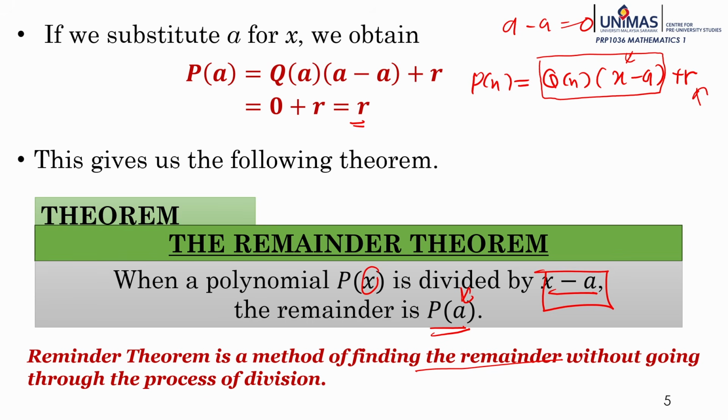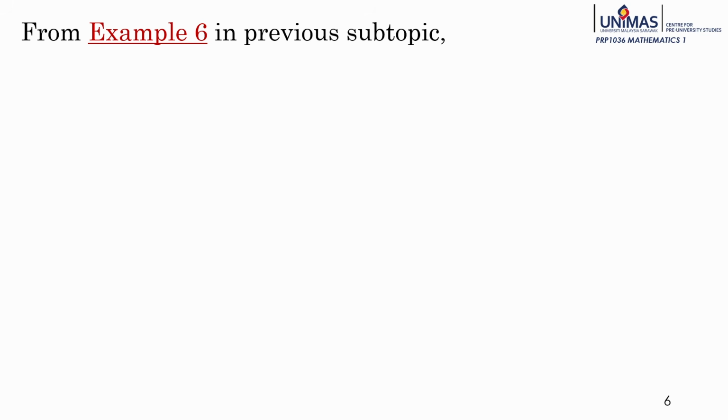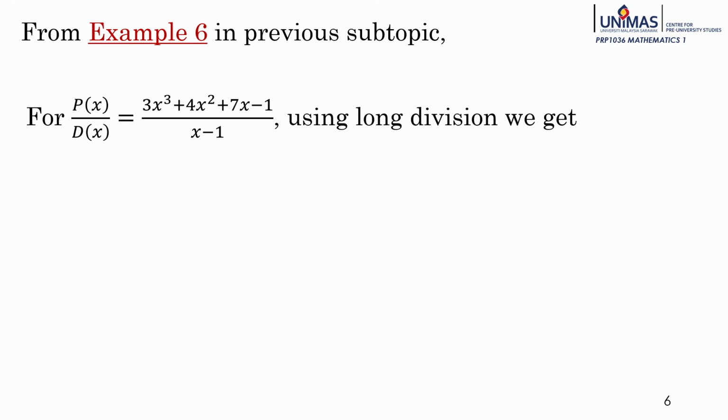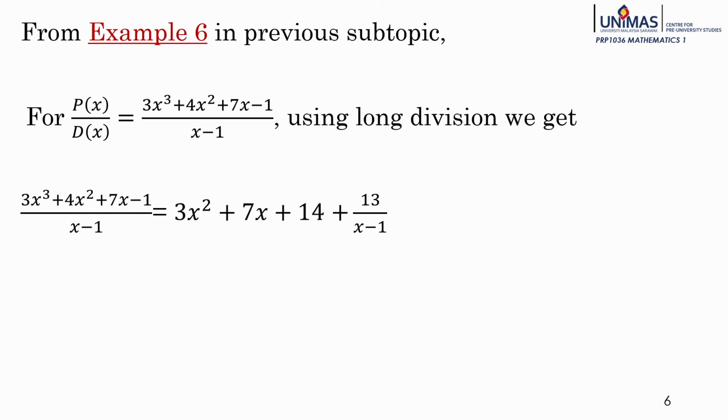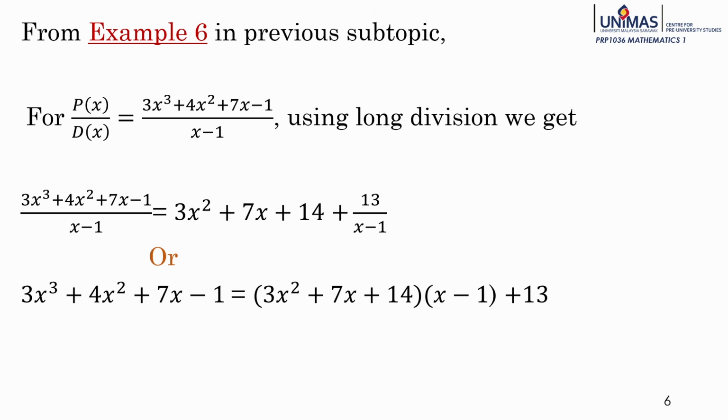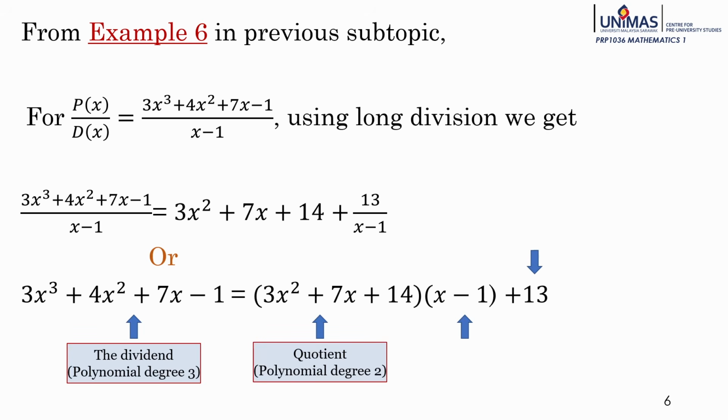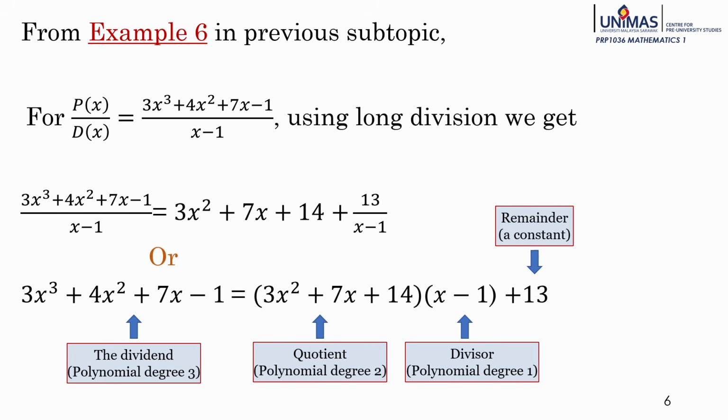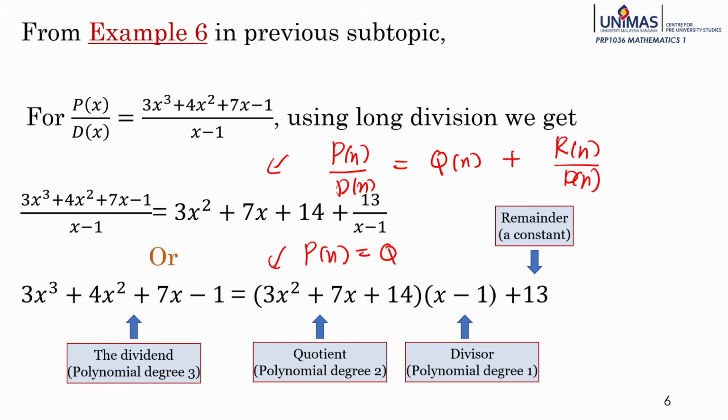Let's see the example. From example 6 in the previous subtopic, for P(x) divided by d(x) using long division, we can get this, or we can get it in this term. This comes from P(x) over d(x), remember the formula Q(x) plus R(x) over d(x), or we write it as P(x) equal to Q(x) d(x) plus R(x).